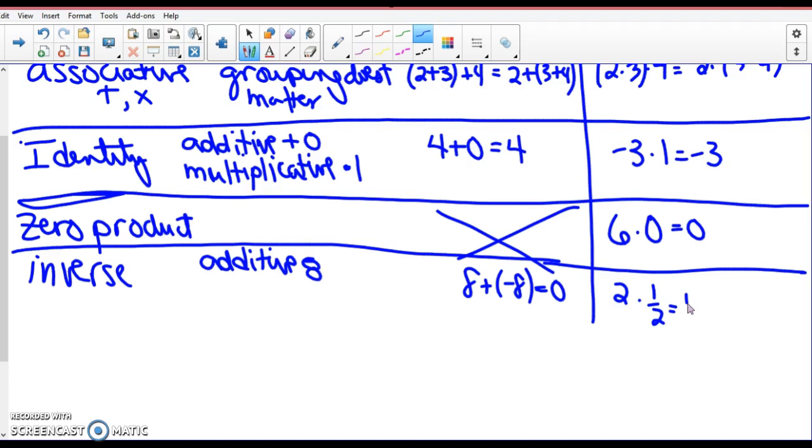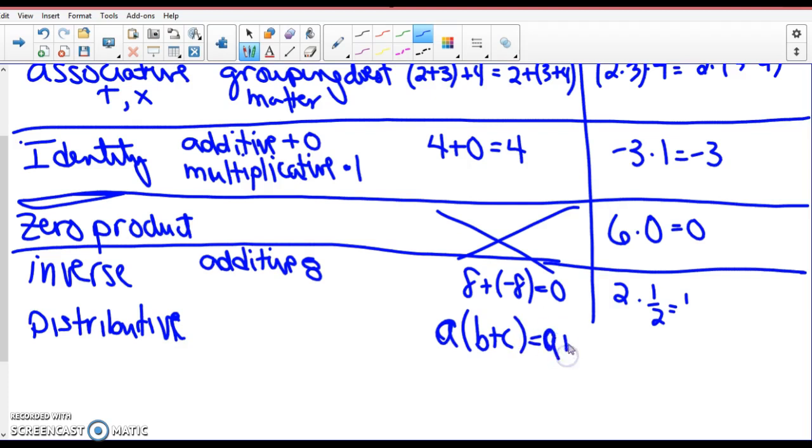Always. And last but not least, distributive. And we've already worked on that. Yeah, distributive. A times the quantity B plus C is A times B plus A times C. That's what it is. I'm going to add that.